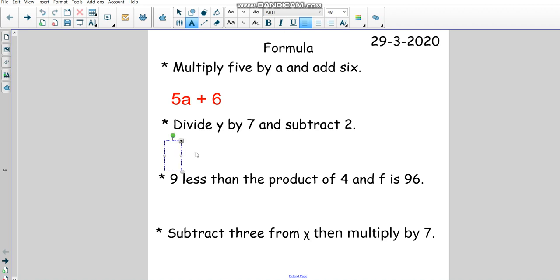So I will divide y by 7, as we said in the previous video, whether by a division sign or as a fraction form. Preferable to use the fraction format.